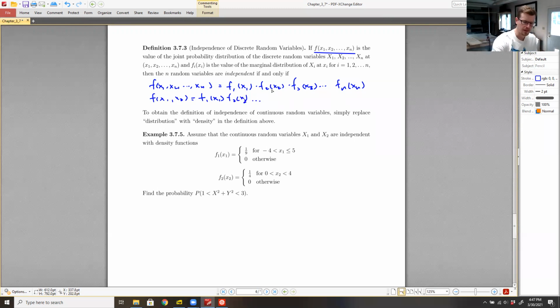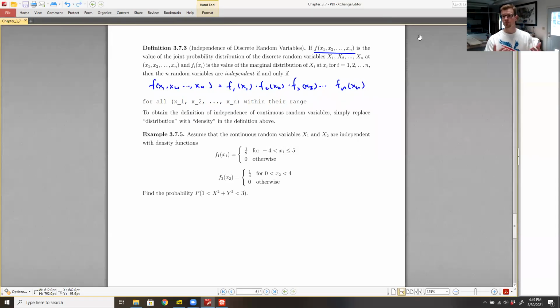Let me double check how they phrase that here. Just one moment. Well, of course, that moment was very brief for you, but I took a look at the textbook, and it actually is just this one particular equality that we need in order to have that independence. So it's a little bit interesting.